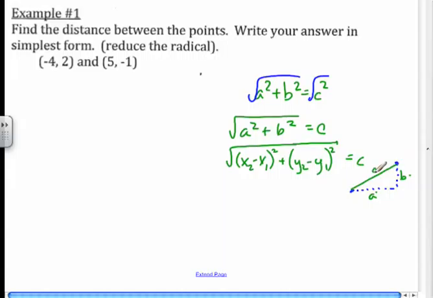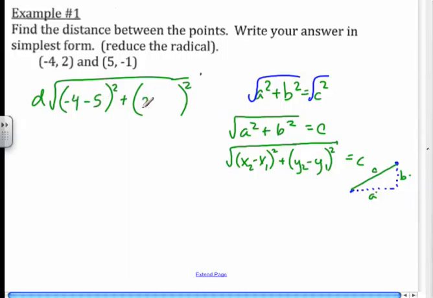And here's c. Okay, so let's look at these 2 points and use the formula. The distance between them is this. The difference between the x's, so let's do -4 minus 5, and then 2 minus -1. I'll put my parentheses in there so I don't get that mixed up.